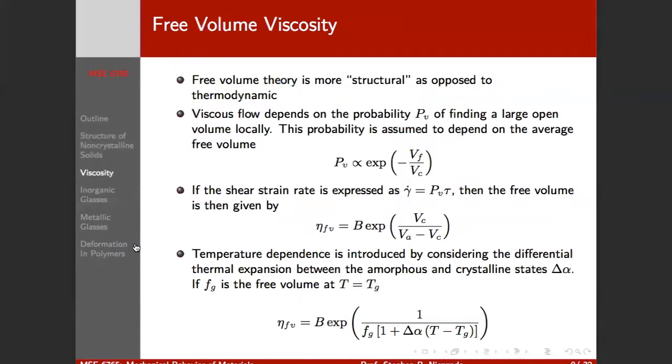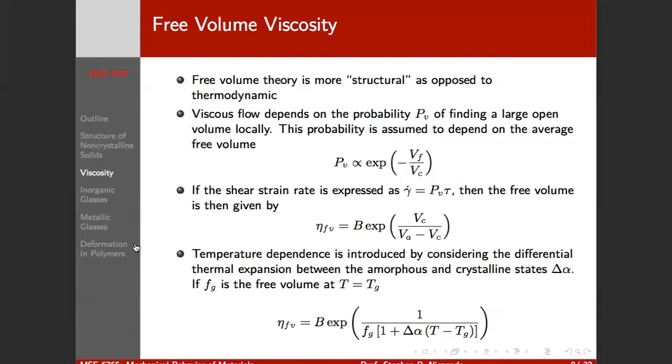We can think about a different free volume model where it's a little more, say, structural as opposed to thermodynamic. And so if we think about the viscous flow, depending on the probability of finding a local region where we have a space to make the atomic jump, right? So that's going to depend very much on the free volume, right?